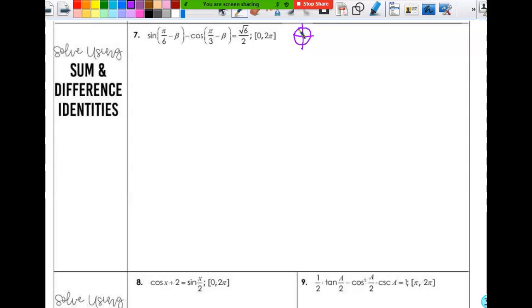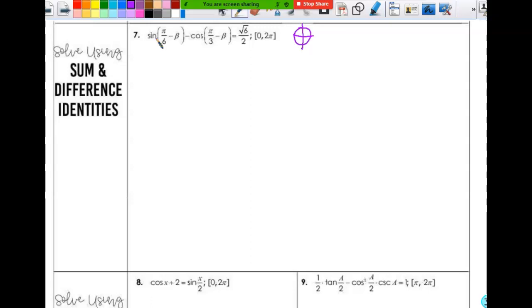I've got sine of pi 6 minus beta and cosine of pi thirds minus beta. When you look at your chart, it looks very similar to the cofunction identities, but the cofunction identities only use pi halves minus theta, so it's not those, and I don't want to try and force it. Instead, and it also says it right here on the left-hand side, I'm going to use my sum and difference ones, and those are in the bottom of the first section, okay?